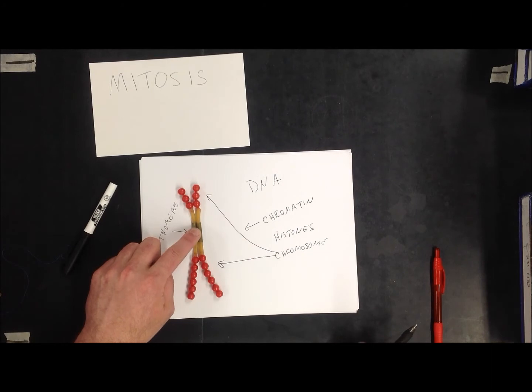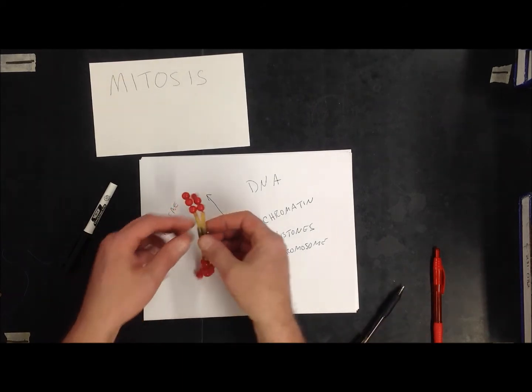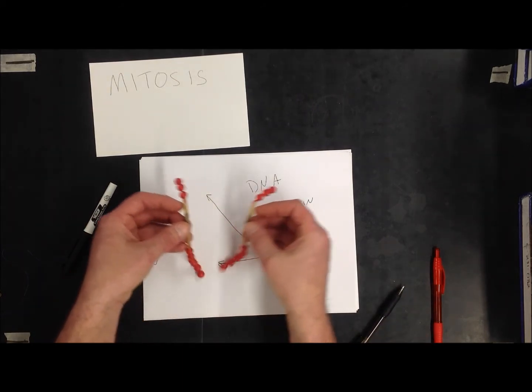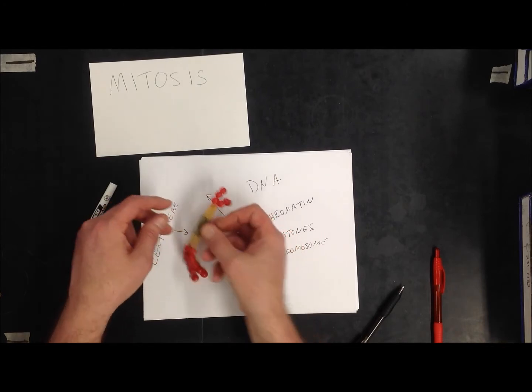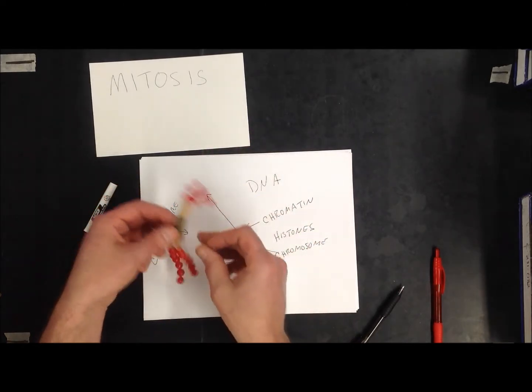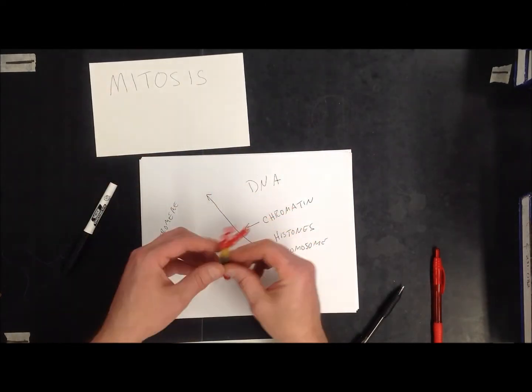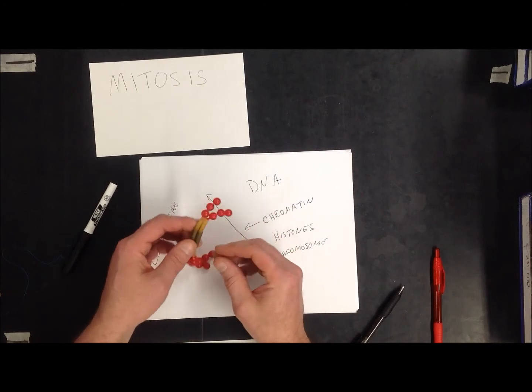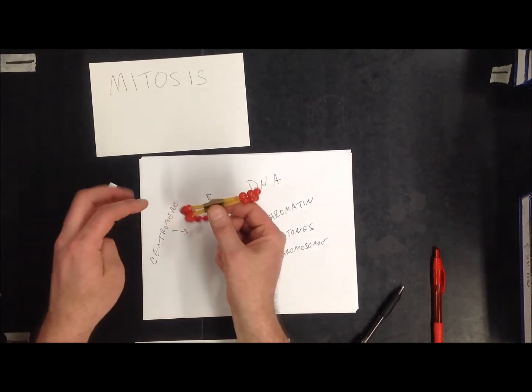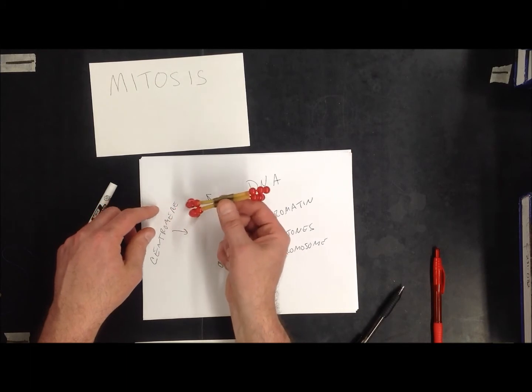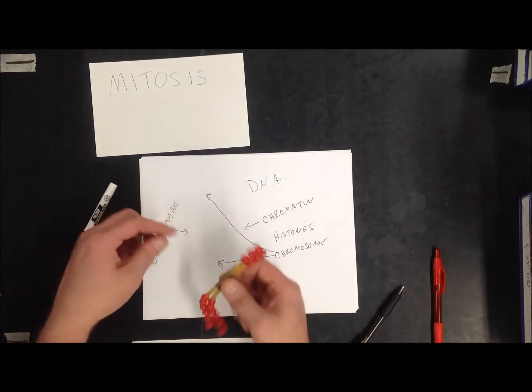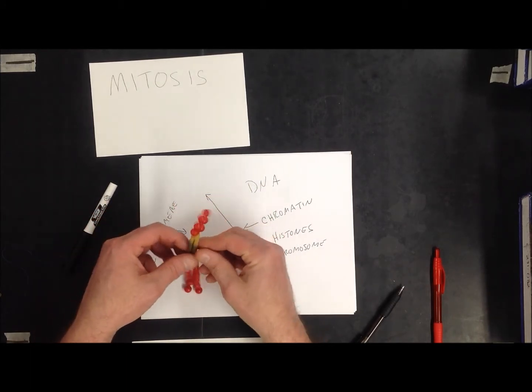Now the centromere is important because not only can it hold the chromosomes together, it's used to move the chromosome throughout the nucleus as needed. So I like to say if I want the chromosome over here, I go hold it on the centromere and say, hey centro, come here. So centromere is what is in the middle.